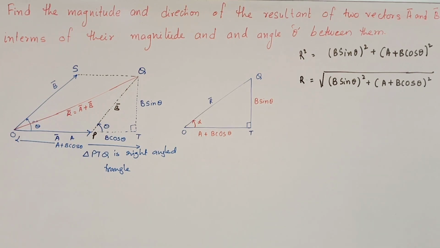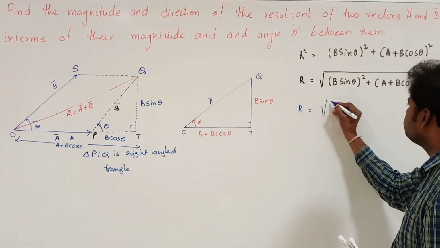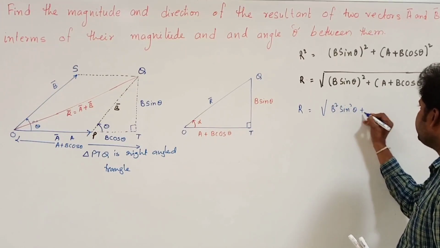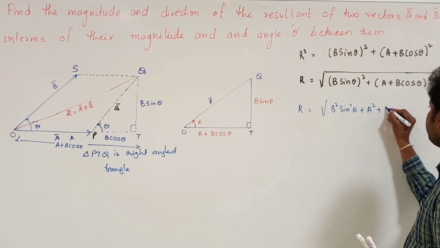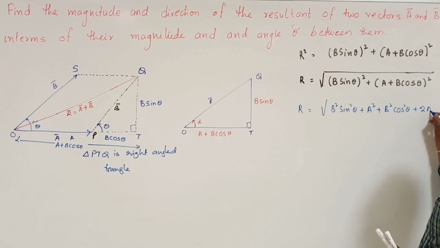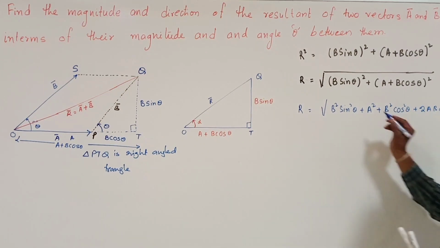R is equal to under root of B square sin square theta plus A square plus B square cos square theta plus 2AB cos theta. I am applying A plus B whole square here, 2AB cos theta, under root again.